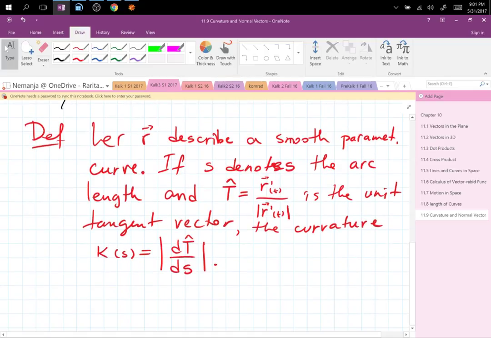You will see that the more the path curves, the larger the value of kappa.